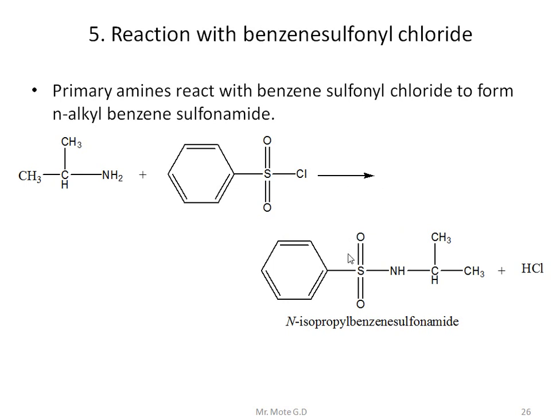Primary amine gives yellow precipitate which is soluble in NaOH. Secondary amine gives precipitate but insoluble in NaOH, and tertiary amine gives precipitate which is soluble in HCl. So these are the identification tests for the amines.